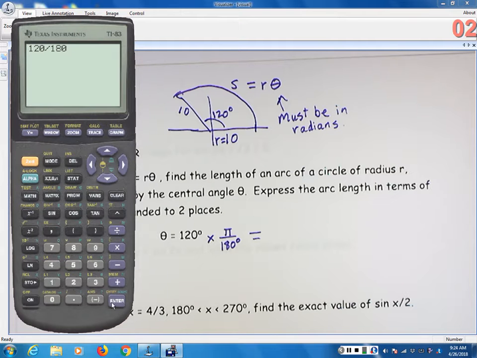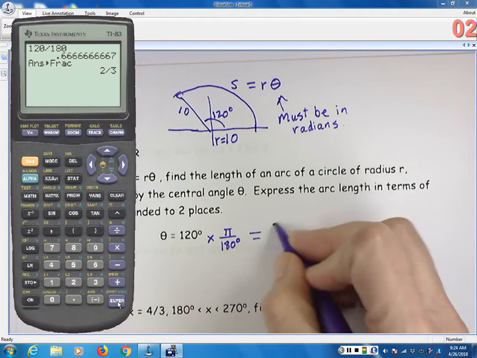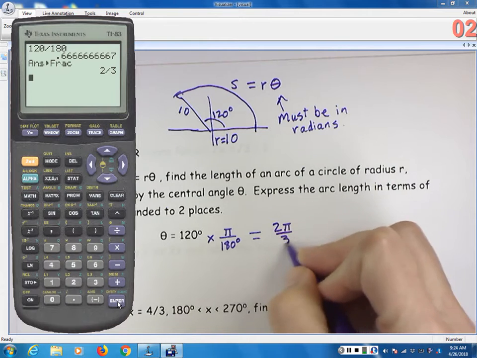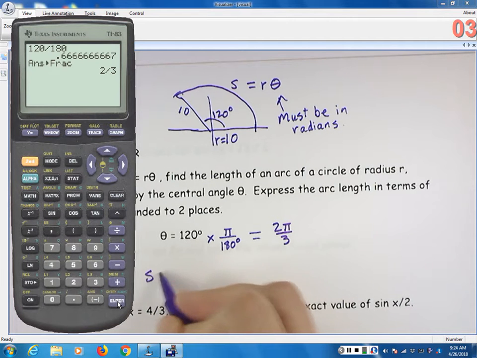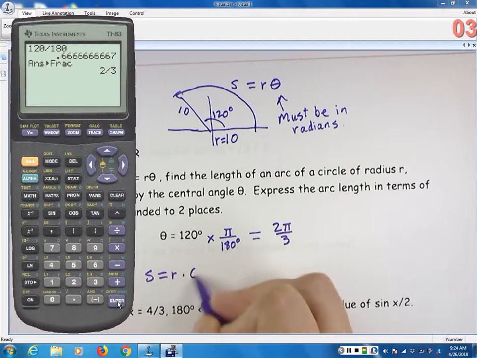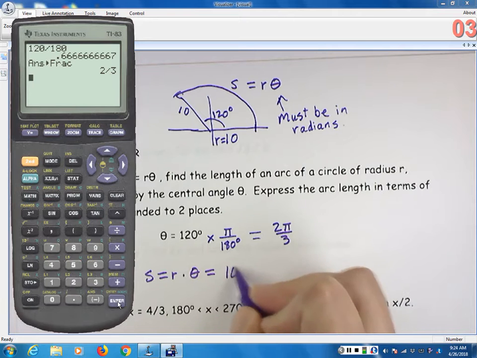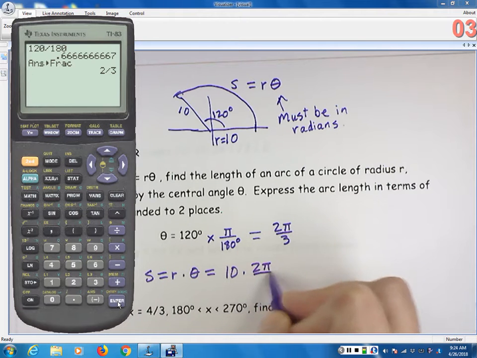It's math, enter, fraction. So it's 2 pi over 3. So S is R times theta, which is 10 times 2 pi over 3.